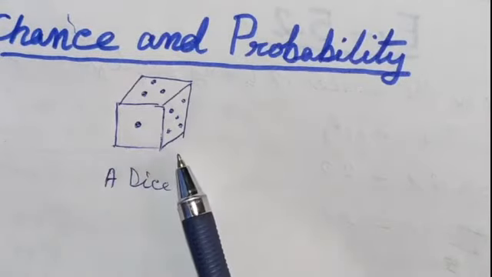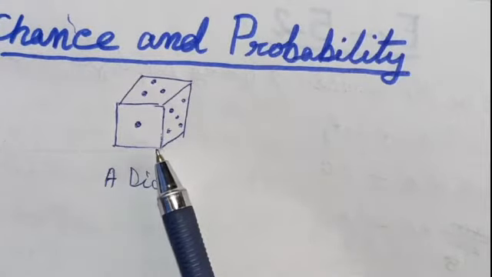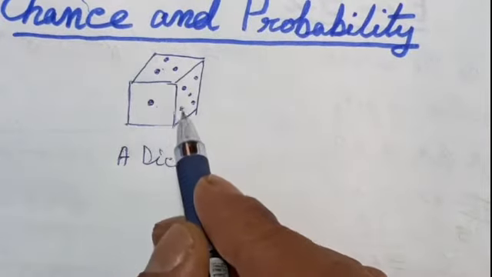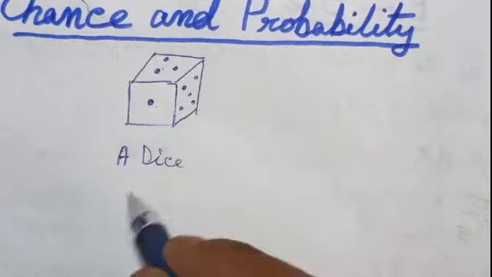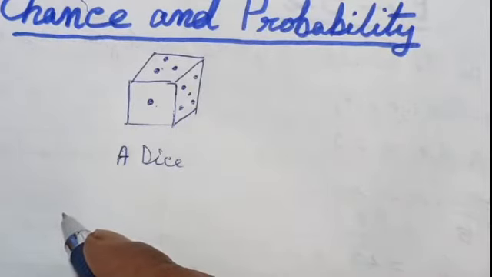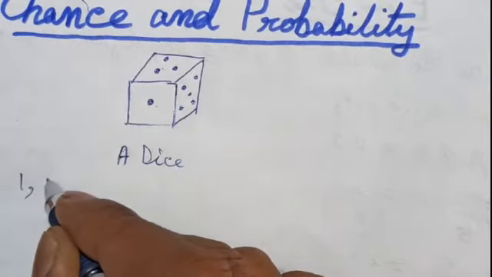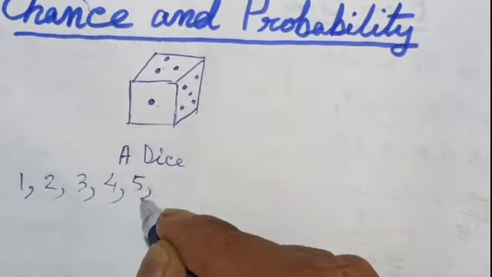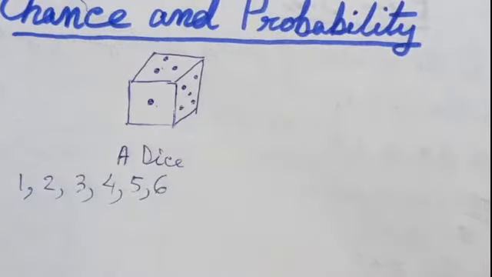This is a dice. In a dice there are 6 numbers: 1, 2, 3, 4, 5, and 6.